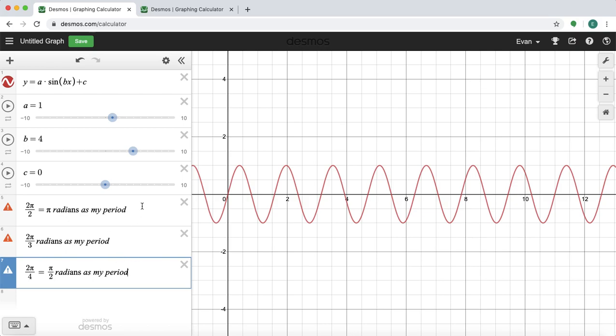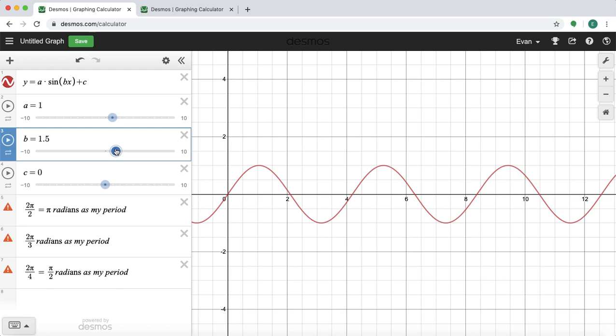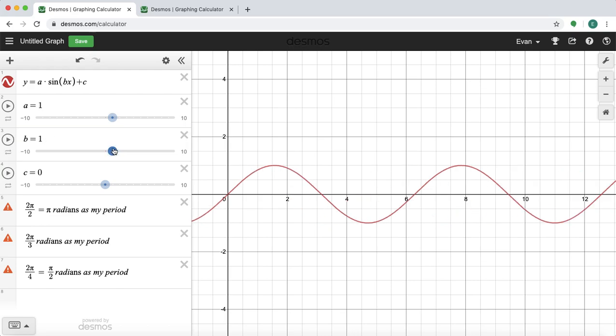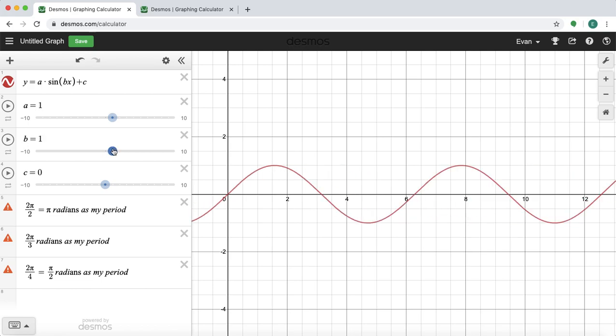Okay, so now what happens if I made this a decimal? Let's go back to 1. What if I went to half? Watch what happens when I make this a decimal. Interesting.